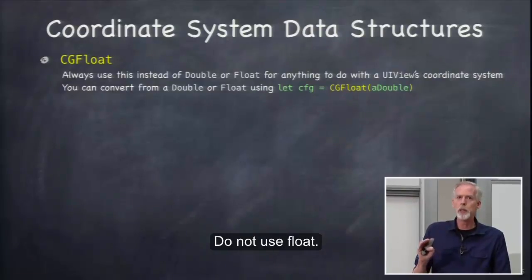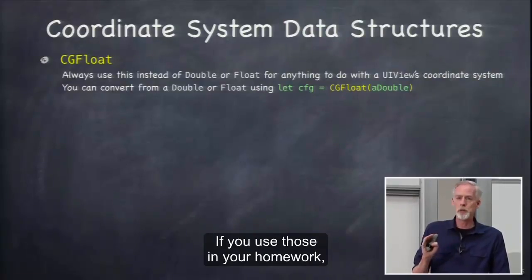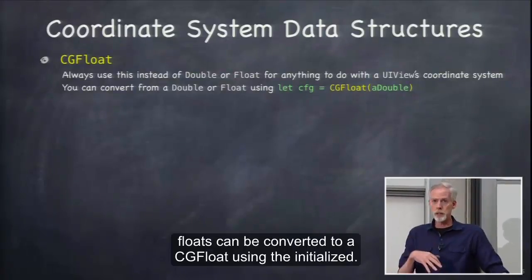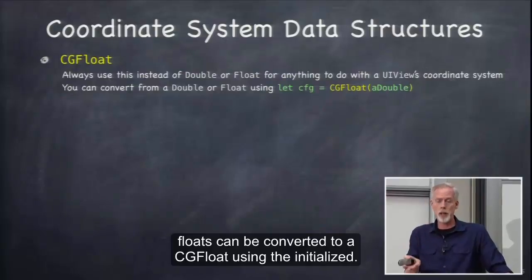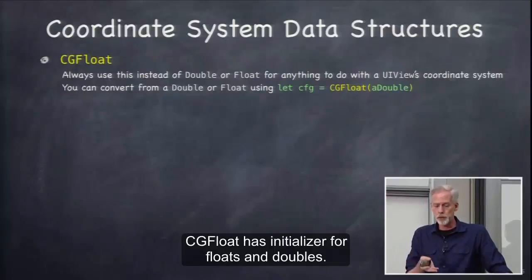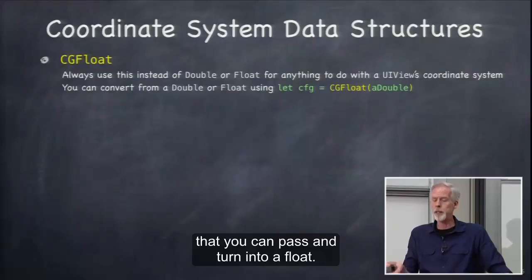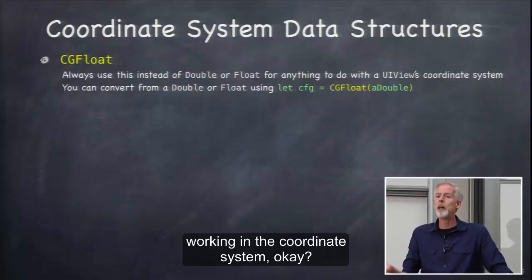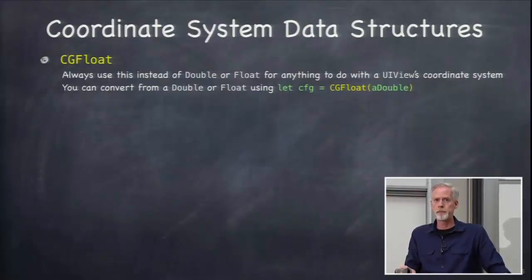Do not use Double, do not use Float. If you use those in your homework, you're going to get dinged, okay? CGFloat. Now, Doubles and Floats can be converted to a CGFloat using the initializer. CGFloat has initializers for Floats and Doubles that you can pass and turn into a CGFloat. But you always want things to be CGFloats when you're working in the coordinate system, okay?